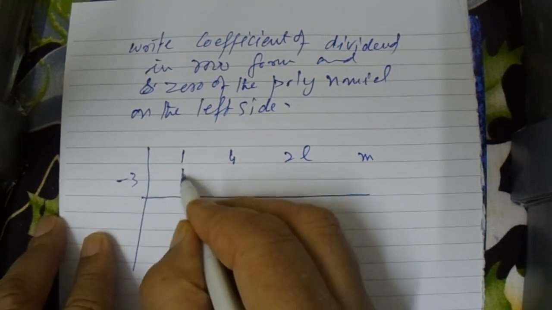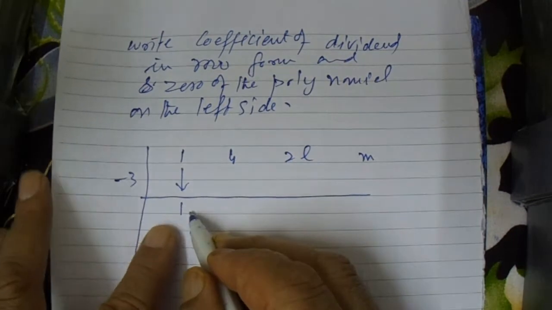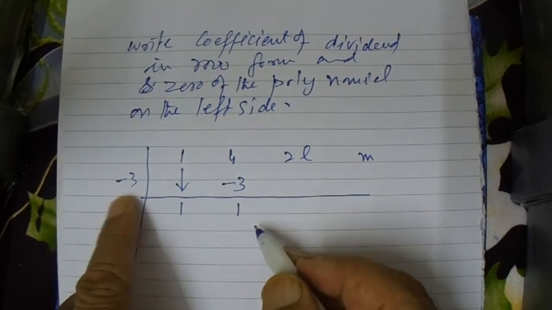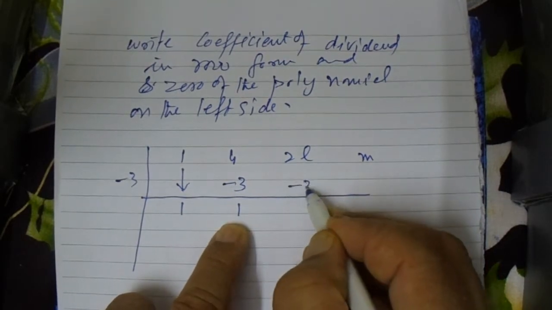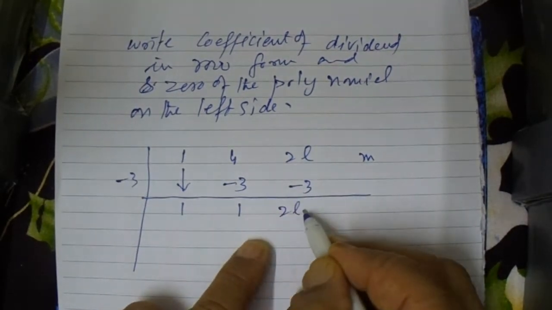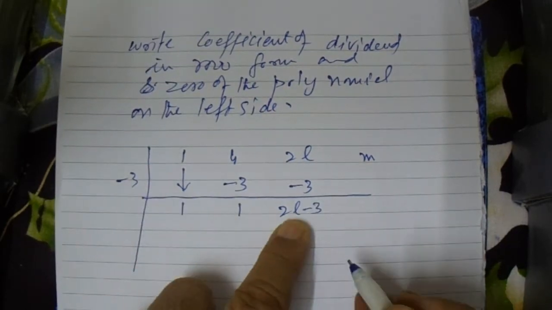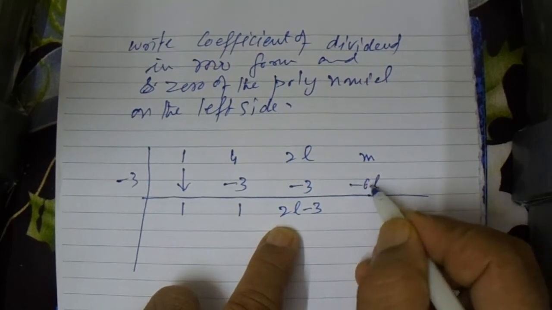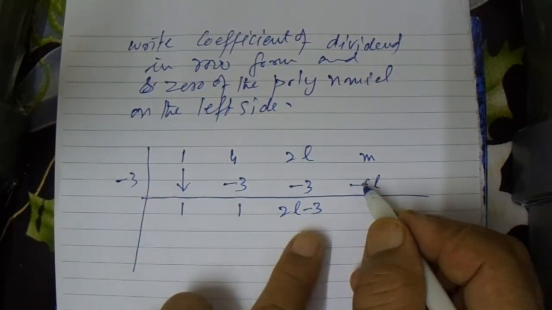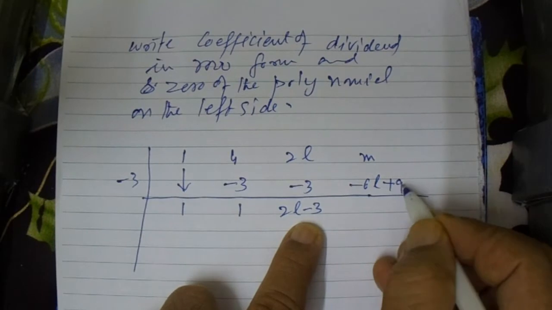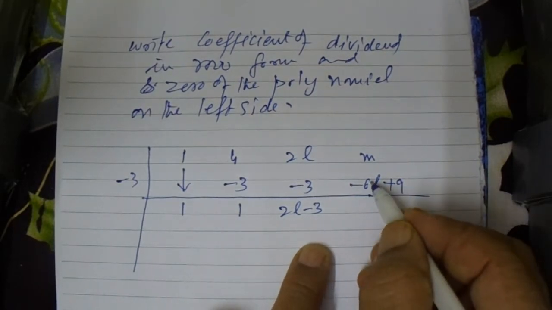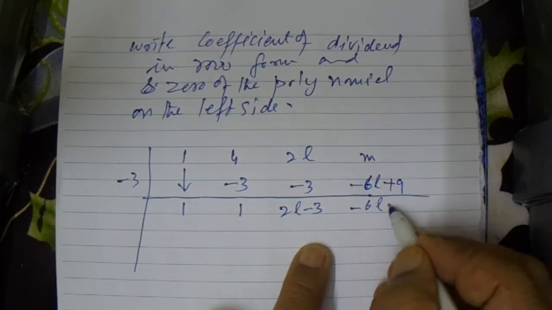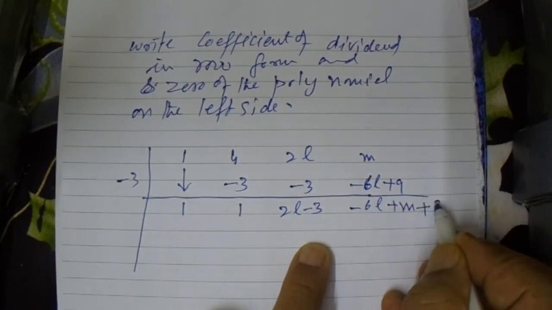Here we write 1. Minus 3 multiplied by 1 is minus 3, and we add this. Minus 3 multiplied by 1 is minus 3, and we add this to get 2l minus 3. This multiplied by minus 3 gives minus 6l, and minus times minus 3 gives plus 9. Now we add: minus 6l plus m plus 9.